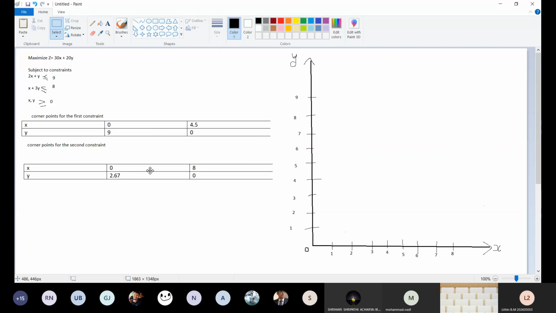Okay, we're done getting the corner points, right? So scale, let me write the scale. I did not write the scale here.